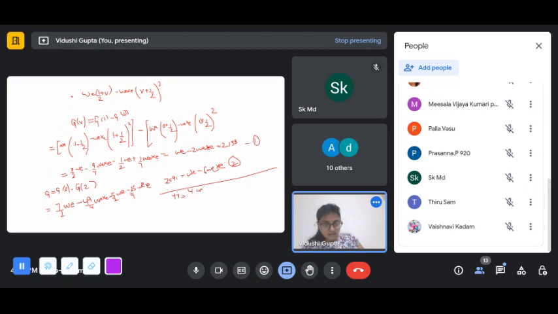So from here, what will be the value of omega e xe? It will be 47 divided by 4, so that will be 11.75 centimeter inverse.